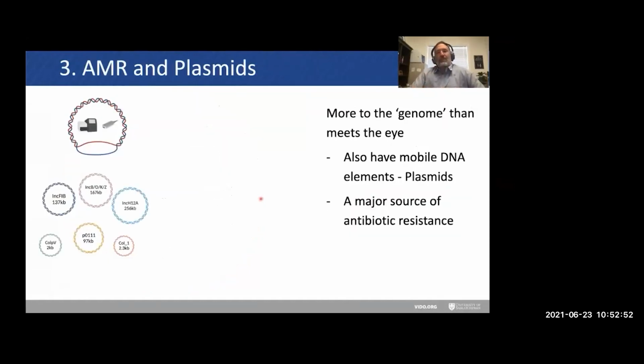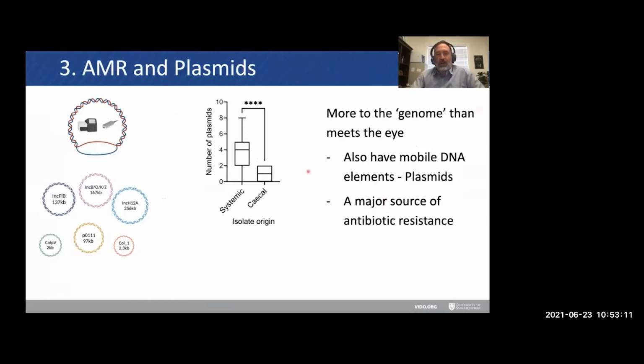The third thing is really, sometimes you enter into these projects and we're focused on the chromosome. There's more of the genome than meets the eye, because these E. coli strains also have mobile DNA elements called plasmids. And in many cases, they're a source of antibiotic resistance.